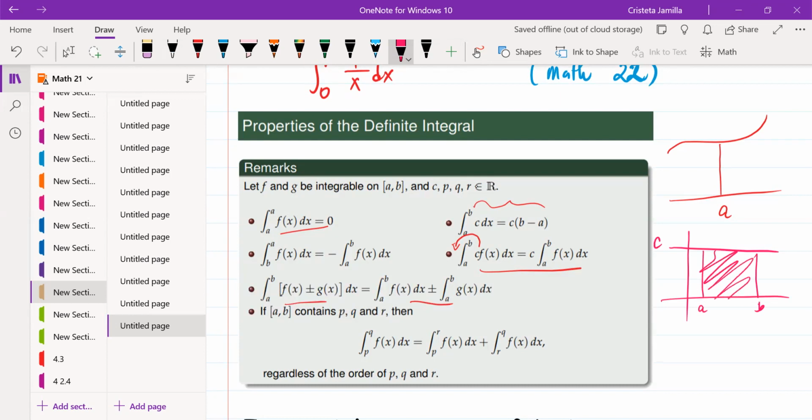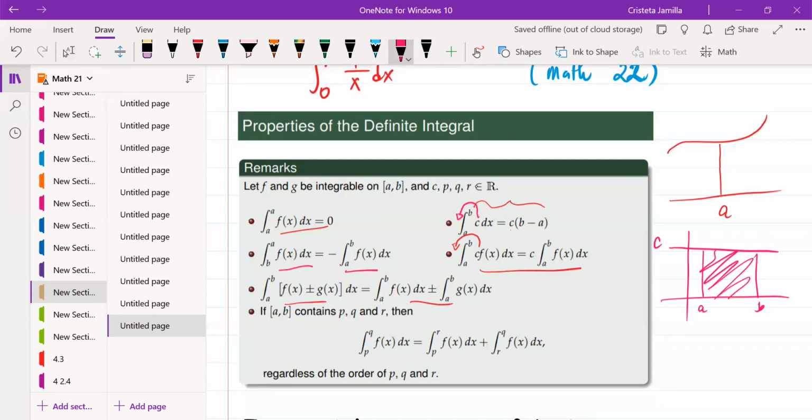So the area would be base times height. And so we can interpret this one as the integral of dx from a to b and then multiply by c. So that will be c times b minus a.